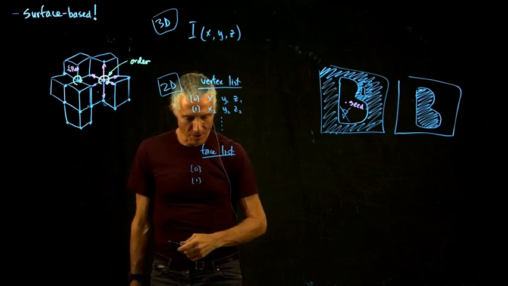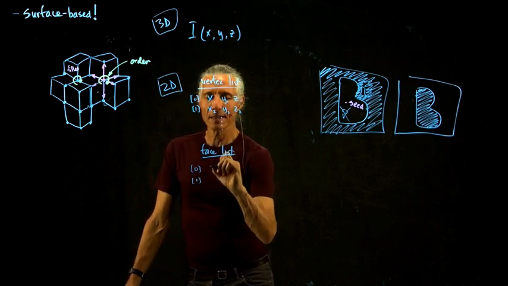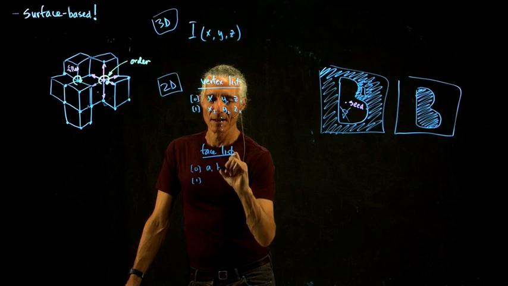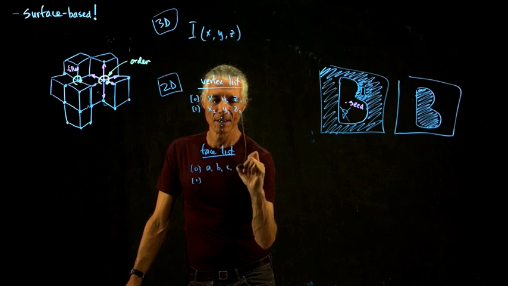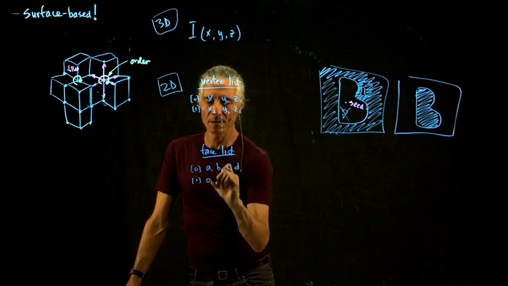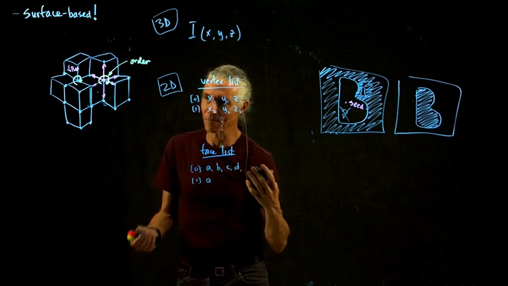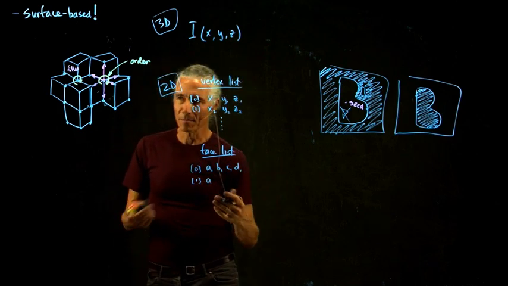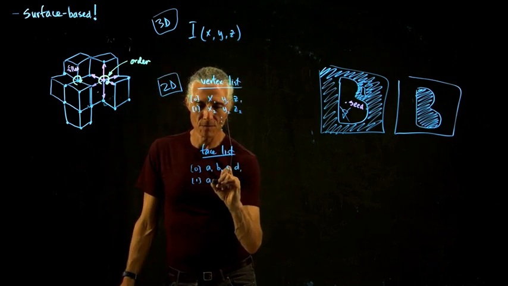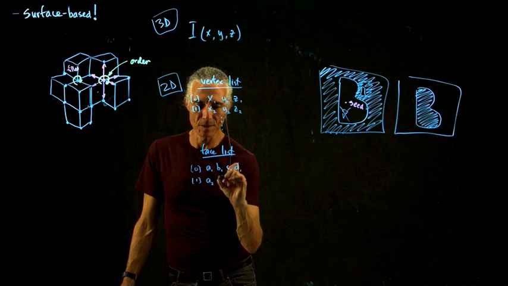What you have for each face is the vertex numbers of the four corners of that face. This is the surface format in FreeSurfer or any animation program that's using a surface, or WebGL.